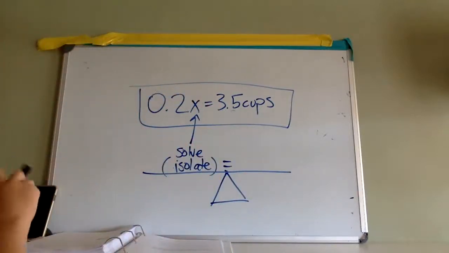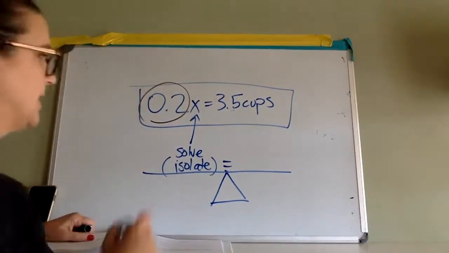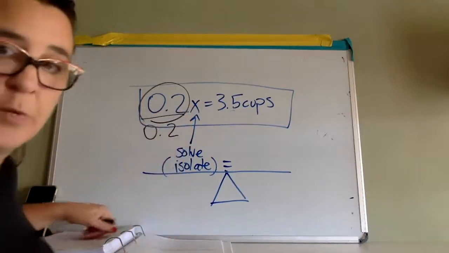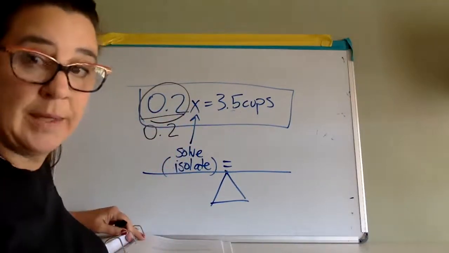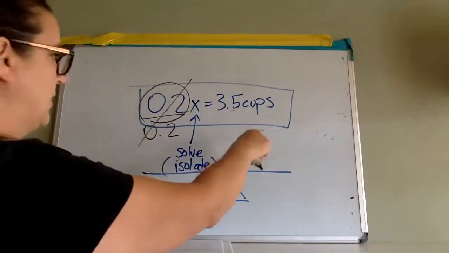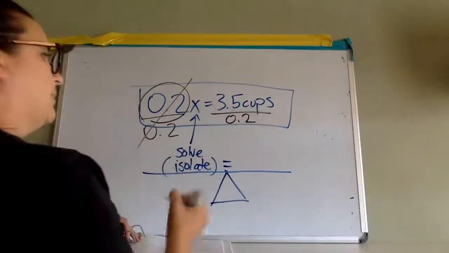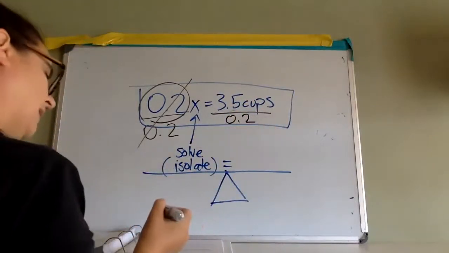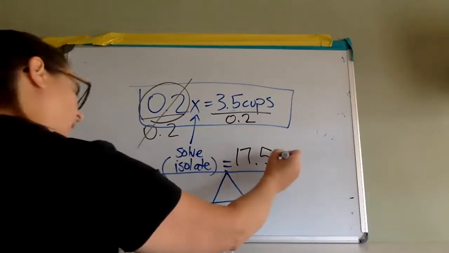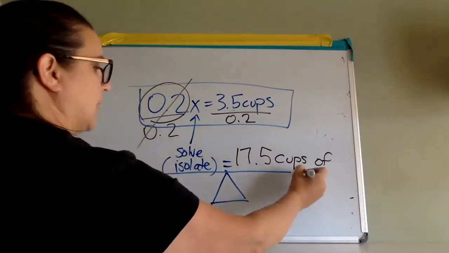So to get rid of this 0.2 times x, I'm going to divide it. Because 0.2 over 0.2 is 1. So this goes away now. Since I did it to this side, I also have to do it to this side. So I'm going to divide this by 0.2. And I'm going to get that it equals 17.5 cups of the drink.